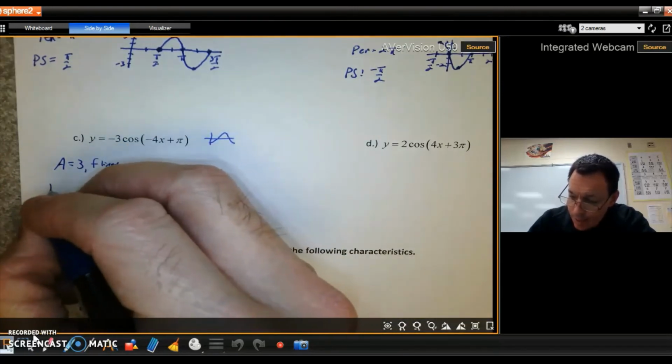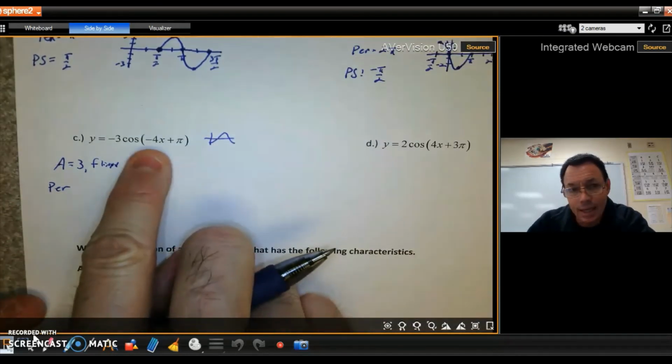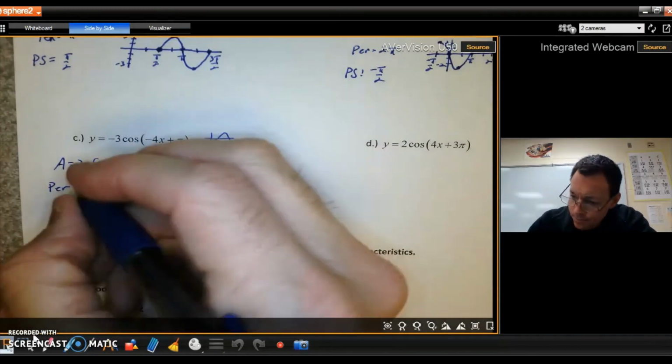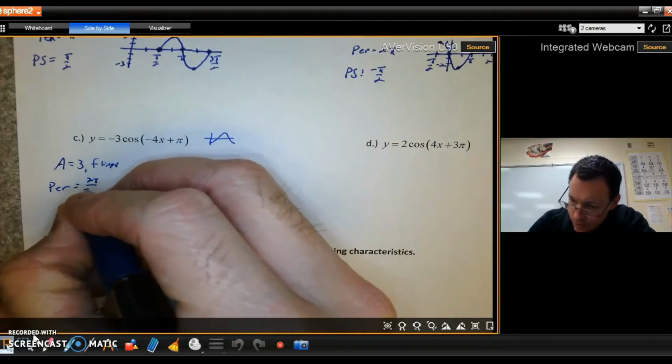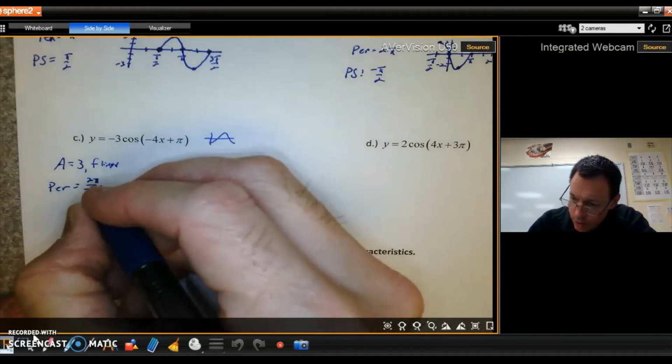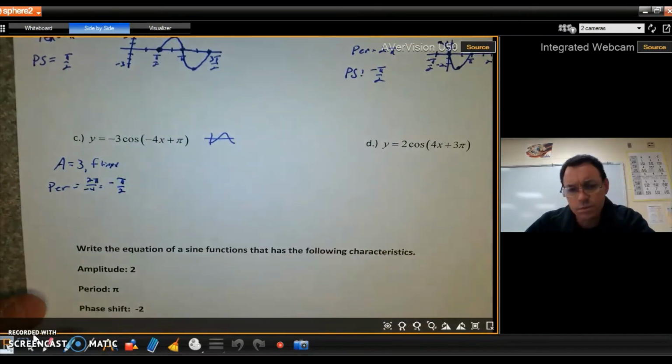It has a period. So what's the period? 2 pi divided by k, which is negative 4. So 2 pi over negative 4. The 2 and the 4 will reduce, and you'll get negative pi over 2. That's our period, negative pi over 2.